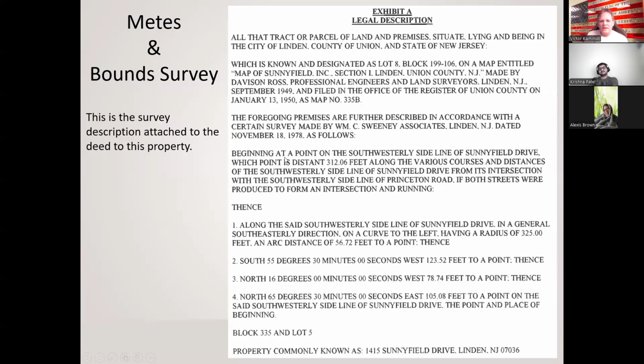And it says, beginning at the point at the southwesterly side of Sunnyfield Drive, which point is distant 312.06 feet along various courses and distances. Now, I don't know how a surveyor can read this and then find the actual location. You need a lot of study.